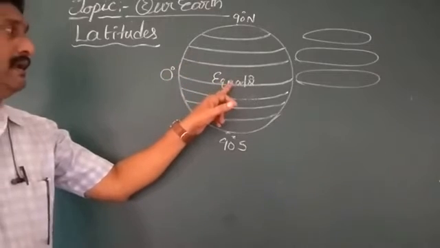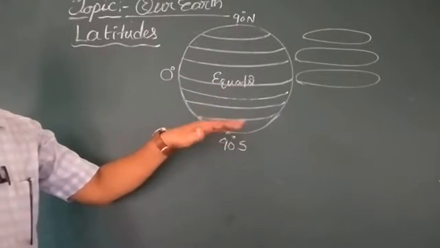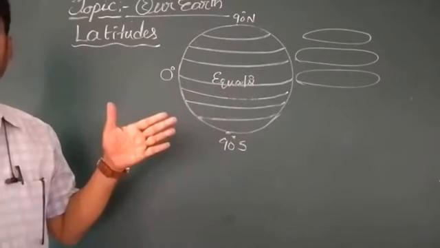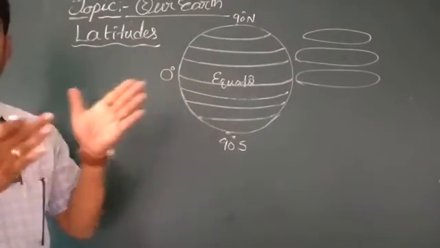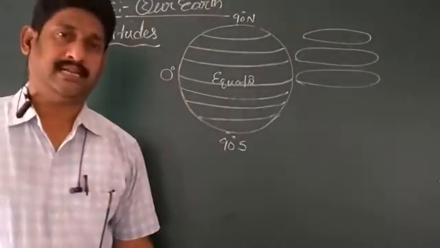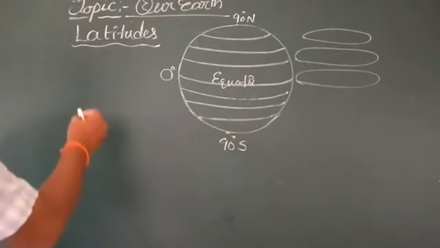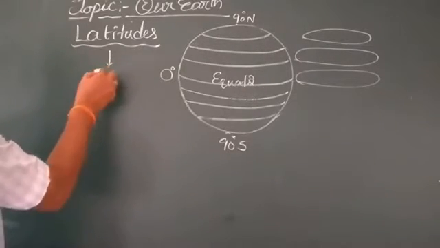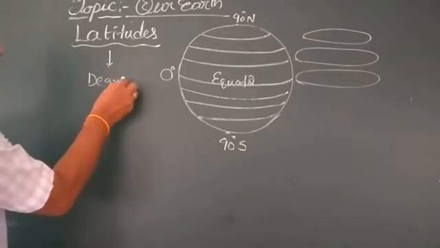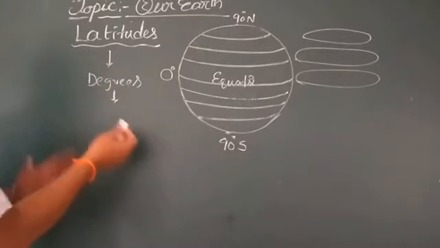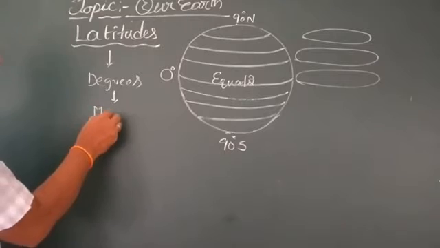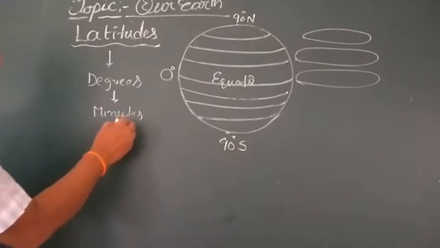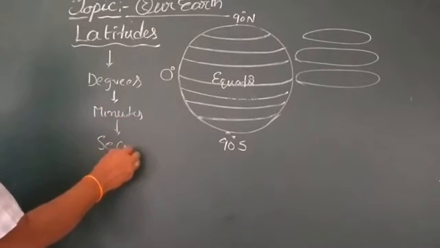And these latitudes are also divided into degrees, minutes and seconds. Latitudes are also expressed in degrees and again divided into minutes and again divided into seconds.